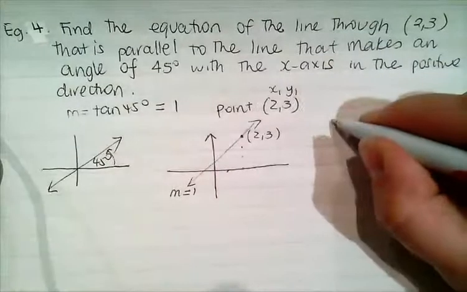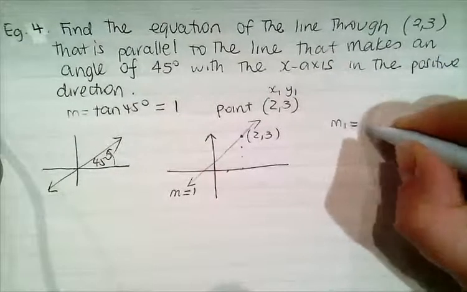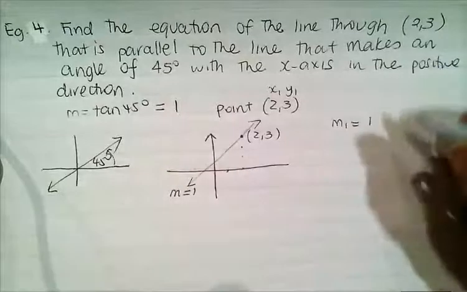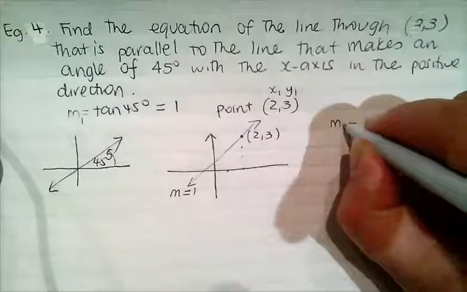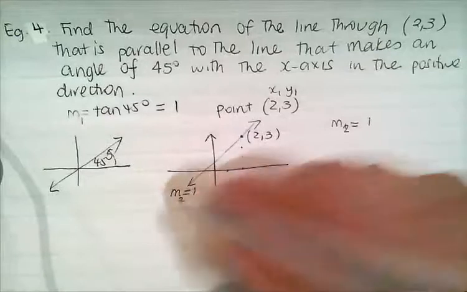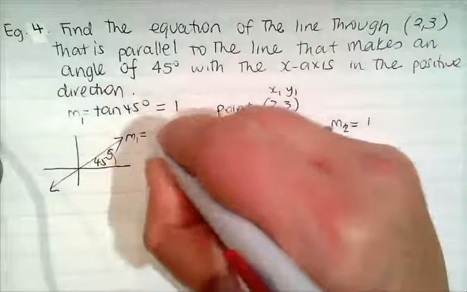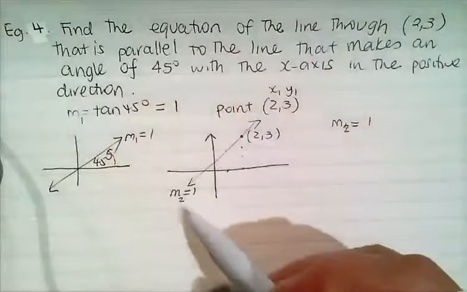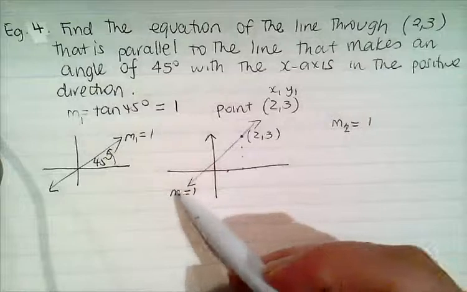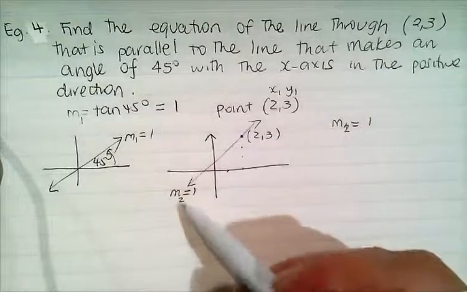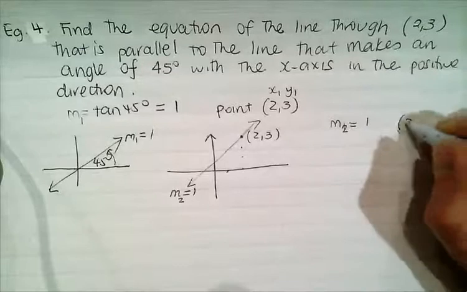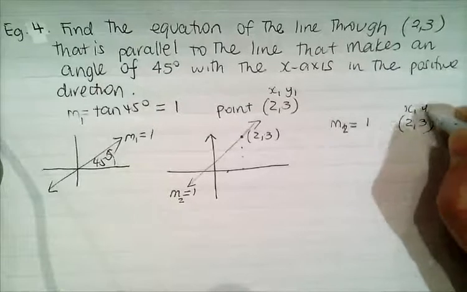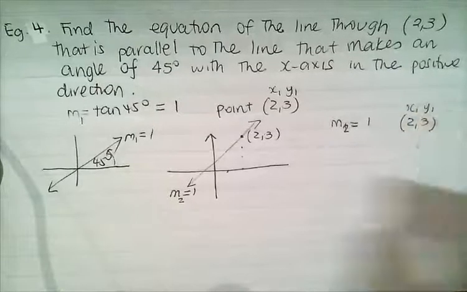Actually I'll call this one M1, the gradient of the initial line. Our line, I'll call it M2. So this line M1 has a gradient of 1. Our line, I'll call line 2, also has a gradient of 1, so our gradient is 1 and our point is 2, 3. So that's my m and my x1, y1.